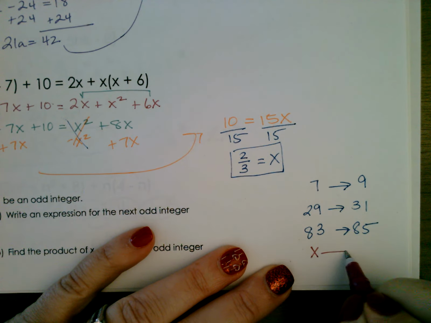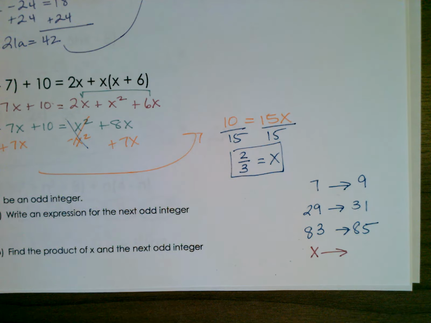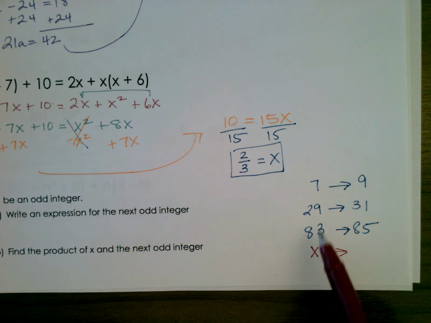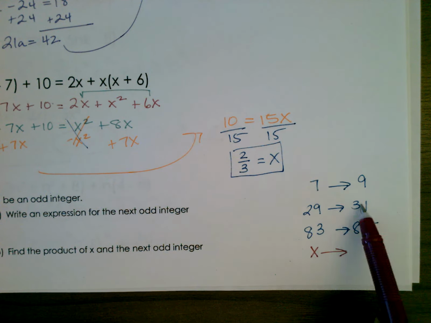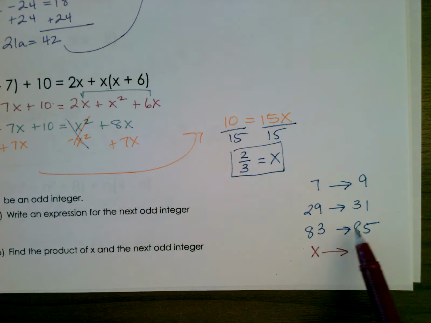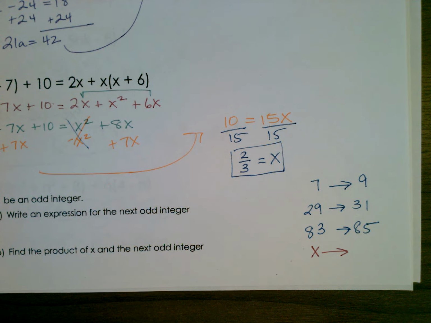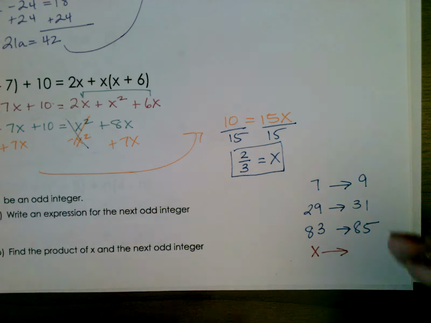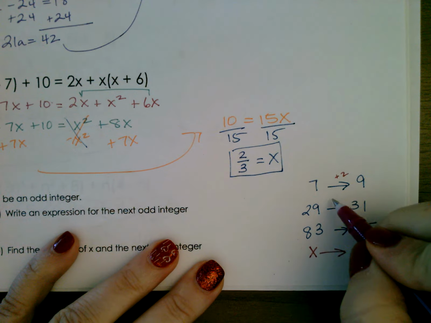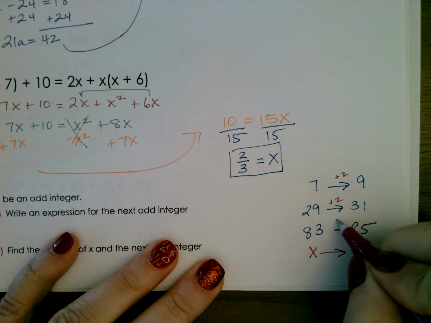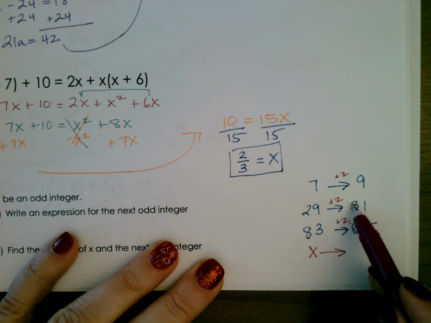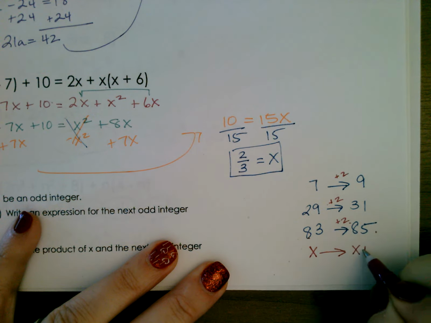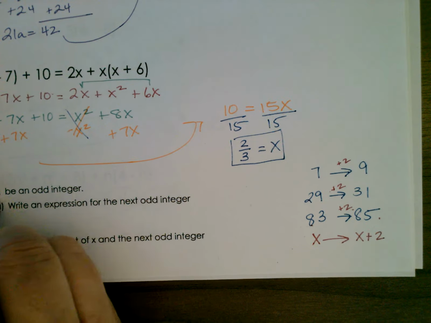Okay, I'm kind of seeing a pattern here to go from 7 to 9, 29 to 31, 83 to 85. What if I gave you x? How would I get to the next odd integer? Think about how we go from 7 to 9, 29 to 31, 83 to 85. I notice every time I'm adding 2. I take the original number, add 2.